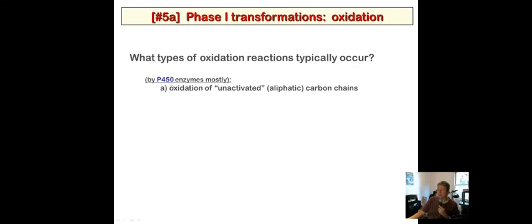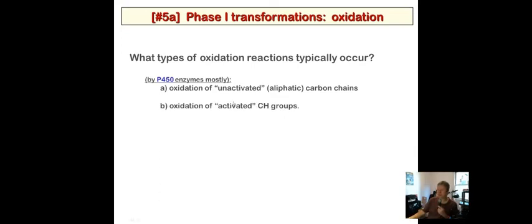There's a couple types of these oxidation reactions. One is oxidation of unactivated aliphatic carbon chains, and this is, to me, almost one of the most interesting ones, because you cannot really do this in a laboratory setting. It's very difficult to just add a hydroxy group to a miscellaneous carbon almost.